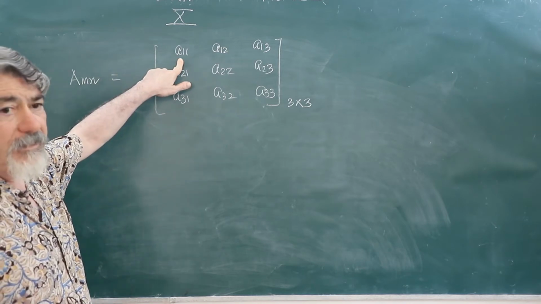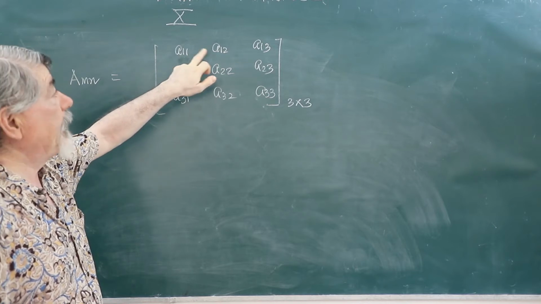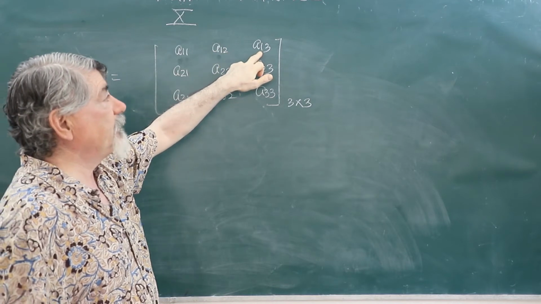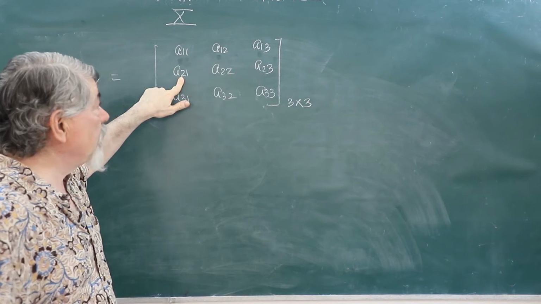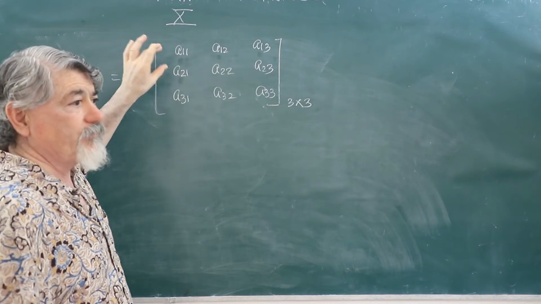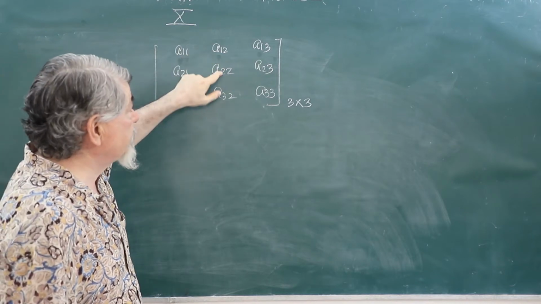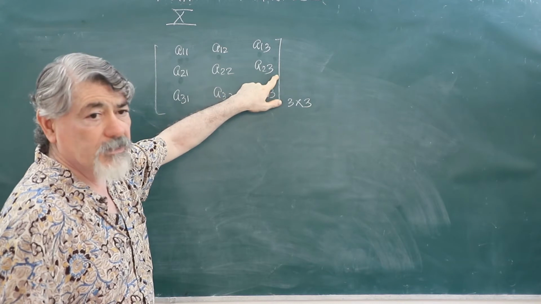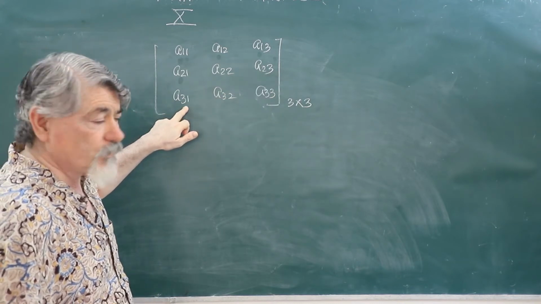A11 means this element belongs to the first row, first column. A12 means first row, second column. A13 means first row, third column. A21 means this element is of the second row and first column. A22 is of the second row, second column. A23 means second row, third column. A31 means third row, first column.